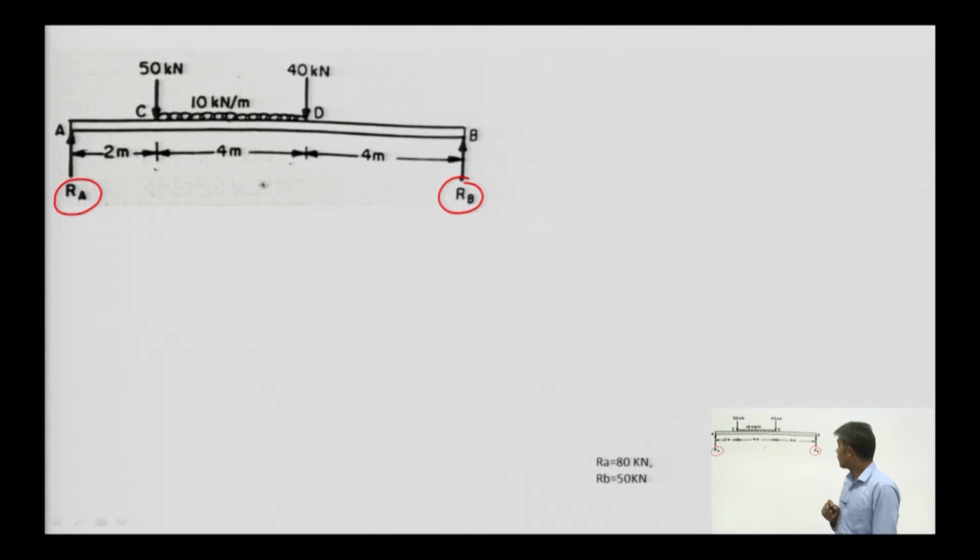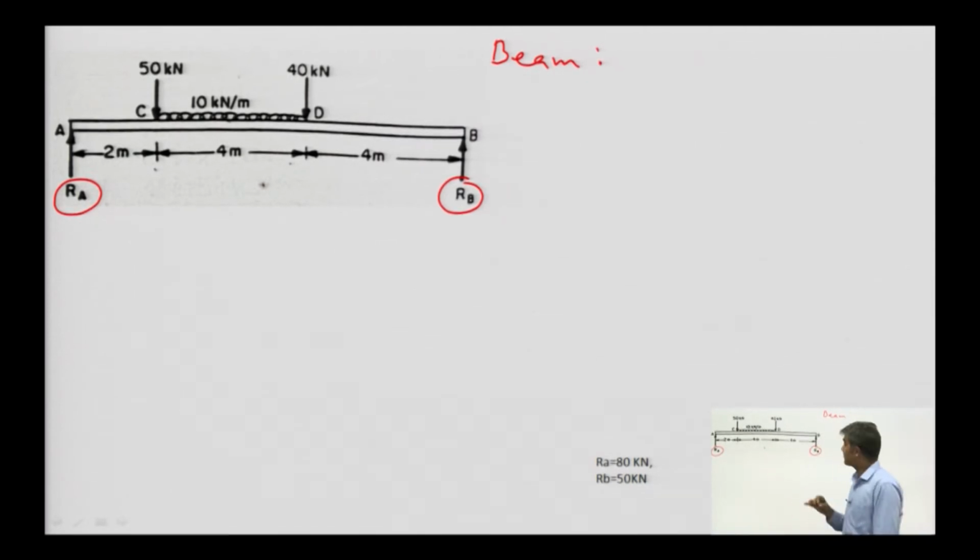For calculating the support reactions at point A and point B, what type of support can be there? Support can be roller, support can be hinge, any type of support at A and B can be there. And this is an example of a beam. This is called a beam. Which type of beam will it be called?